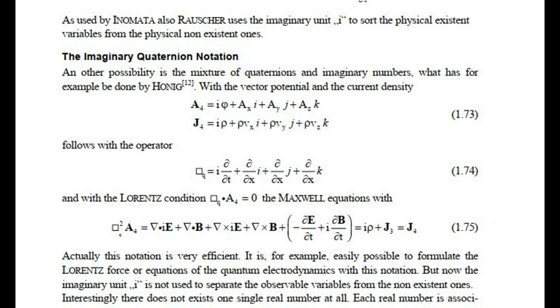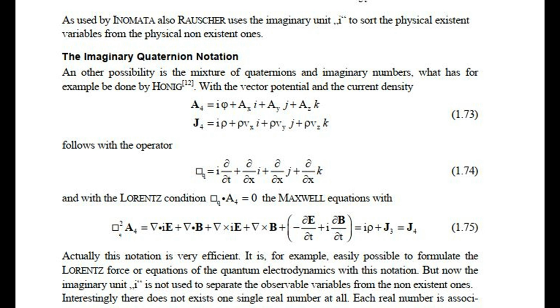The imaginary quaternion notation. Another possibility is the mixture of quaternions and imaginary numbers, what has for example been done by Honig. With the vector potential and the current density, follows with the operator, and with the Lorentz condition, the Maxwell equations. Actually this notation is very efficient. It is, for example, easily possible to formulate the Lorentz force or equations of the quantum electrodynamics with this notation.